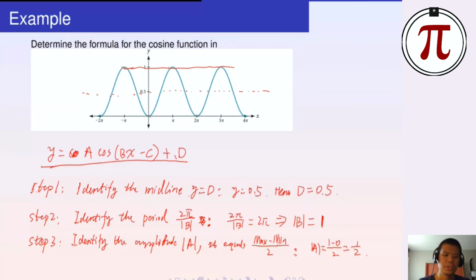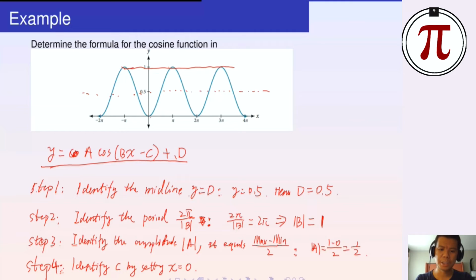So step 4: at point 0, identify C by setting x equals 0.